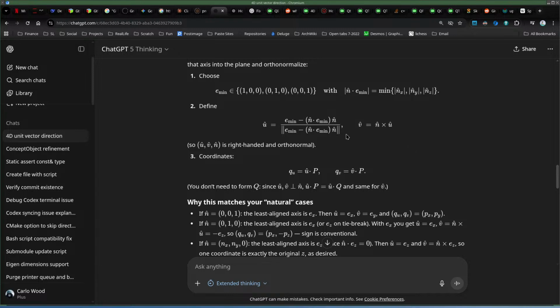This was 0, so we don't subtract anything. So whatever you pick for E min is going to become U. I don't know why it picks EX here. I'll have to ask. Well, point out that that is not logical.